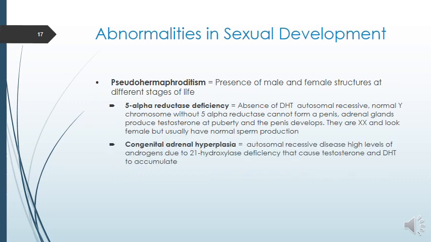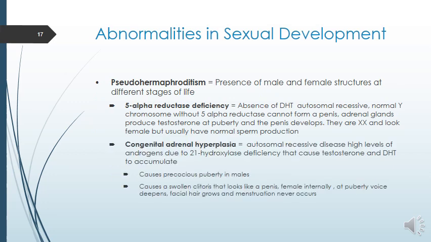In looking at abnormalities in sexual development, we can see that pseudohermaphroditism refers to the presence of both female and male structures, but at different life stages. Living with this condition can be confusing. Consider people who have 5-alpha reductase deficiency, which is autosomal recessive. The affected individuals have a normal Y chromosome, and they have testes.